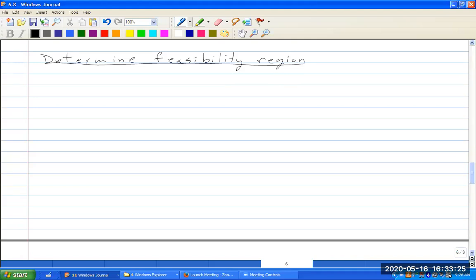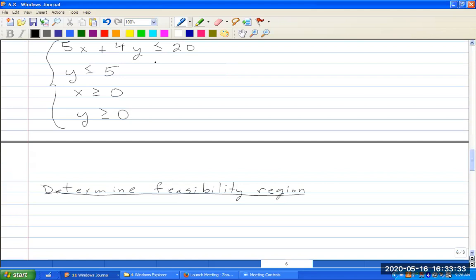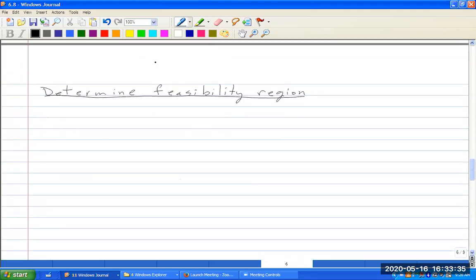So, well, I have here 5x plus 4y less than or equal to 20. Let's try to write that in standard form.